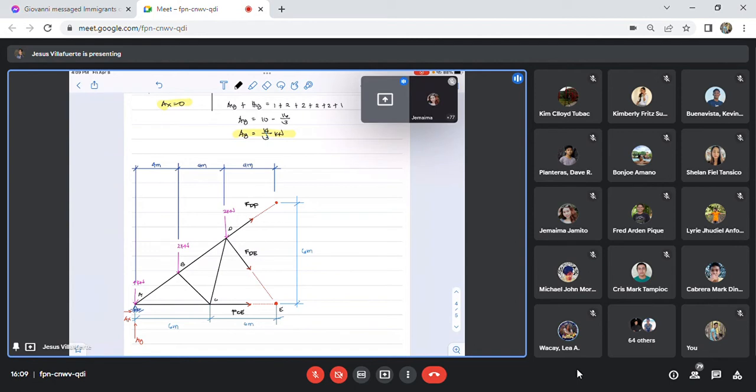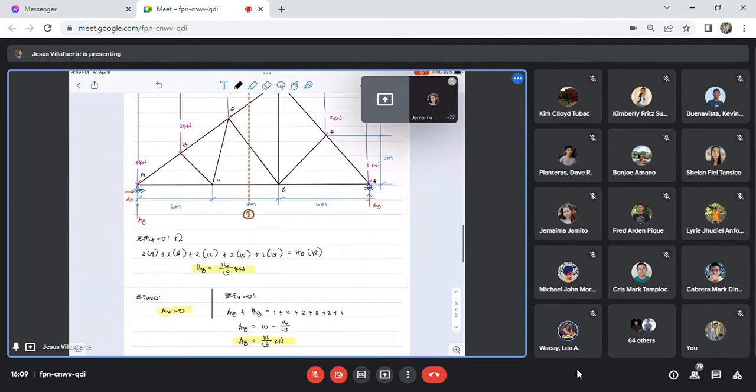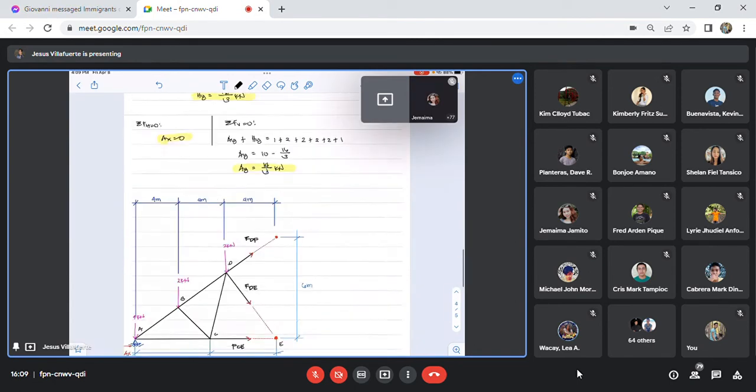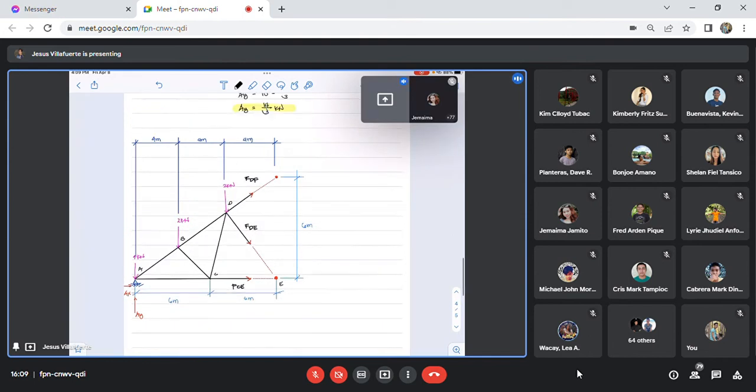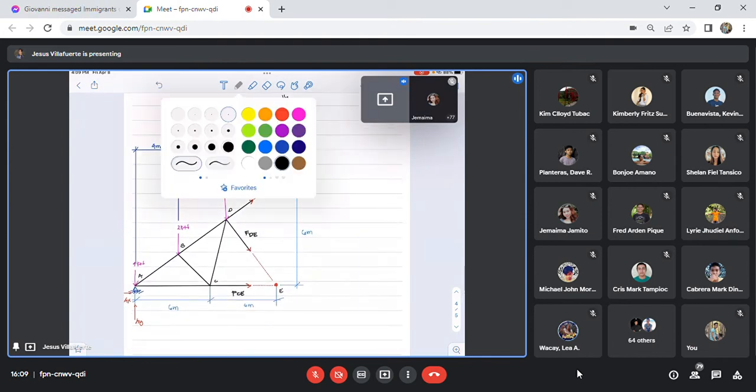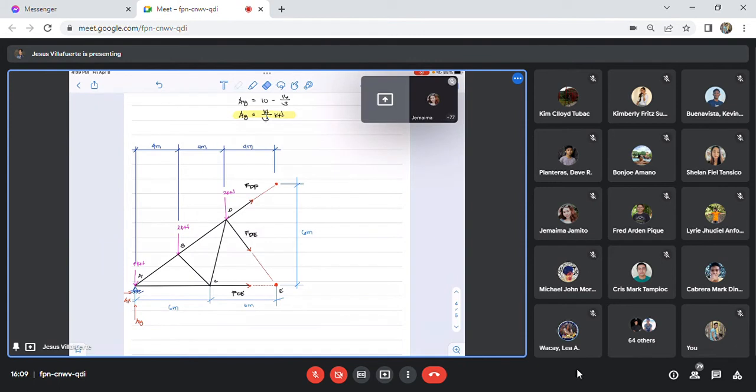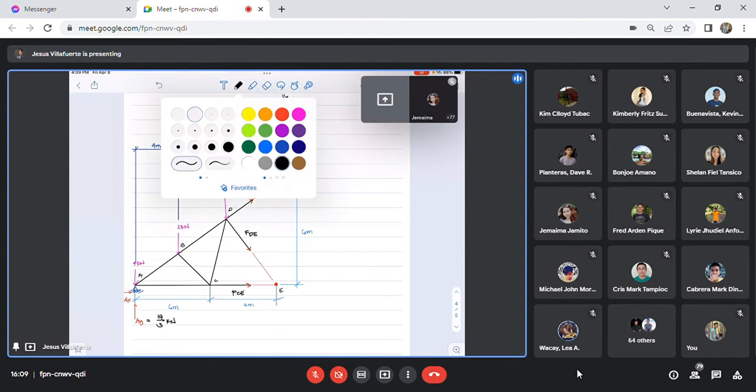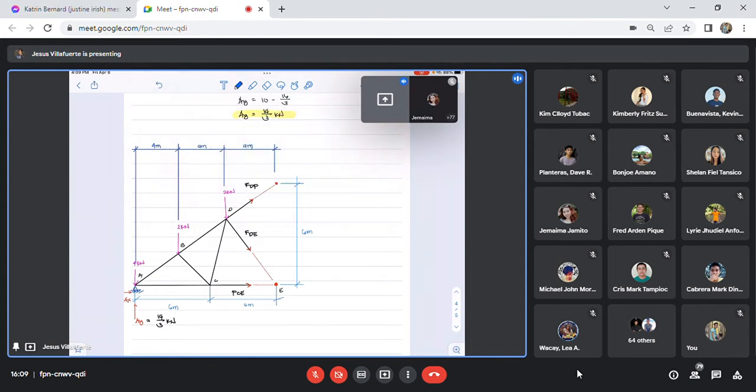So, unsa man ni class? So, asa man ta mag-summation of moments? This one is AY is 14 over 3. It's better ka nang expose na lang daan the angle para di ta maglisod.